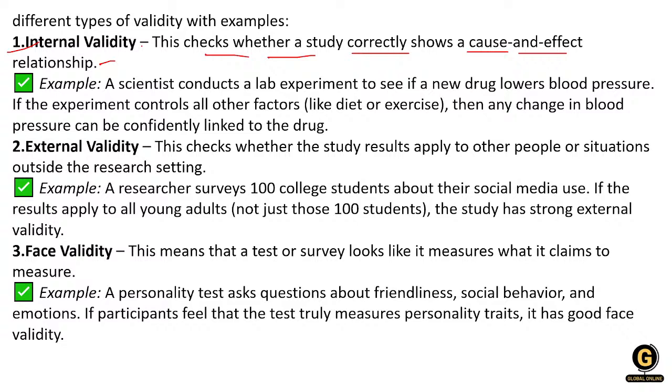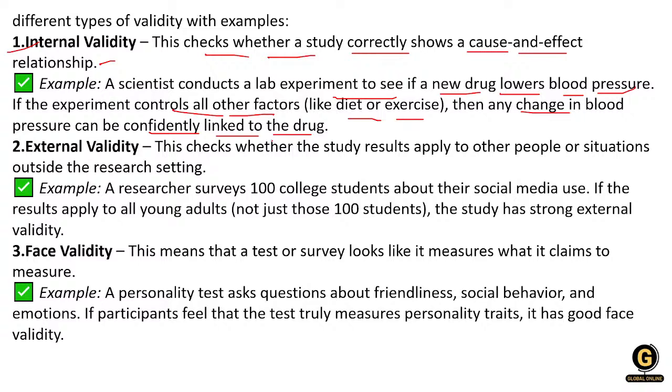For example, a scientist conducts a lab experiment to see if a new drug lowers blood pressure. If the experiment controls all the factors like diet and exercise, then any change in blood pressure can confidently be linked to the drug. That is called a cause and effect relationship. That is internal validity. Understood?